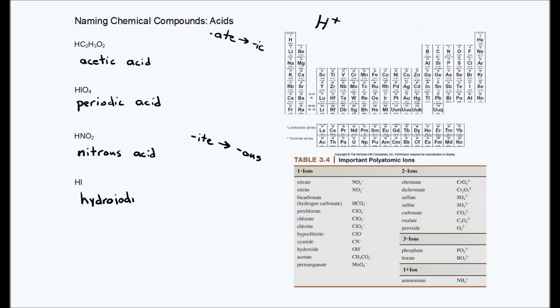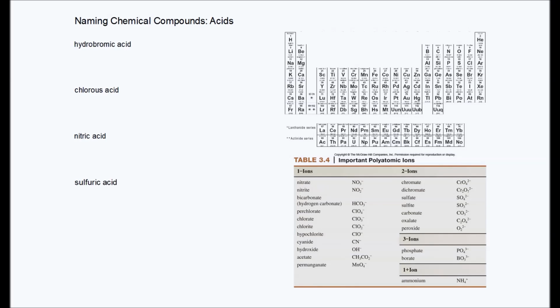So this is hydroiodic acid. So this is why when we have HCl, Cl's chlorine, this is binary. This is why this is named hydrochloric acid. Hydro tells you binary, chloric gives you the anion, the acid tells you the H+.